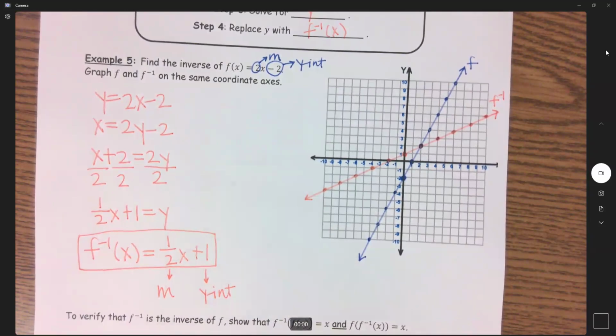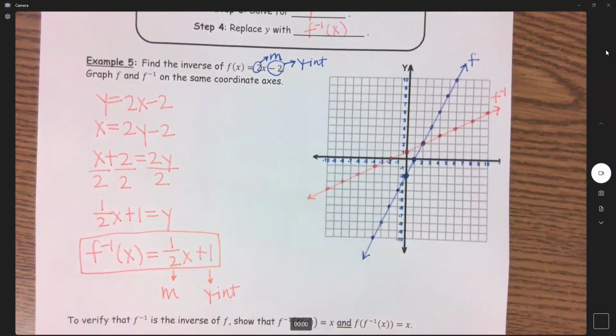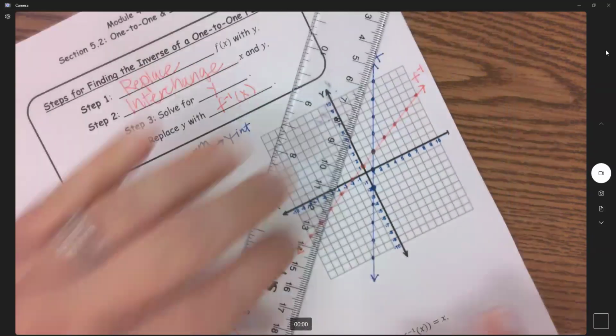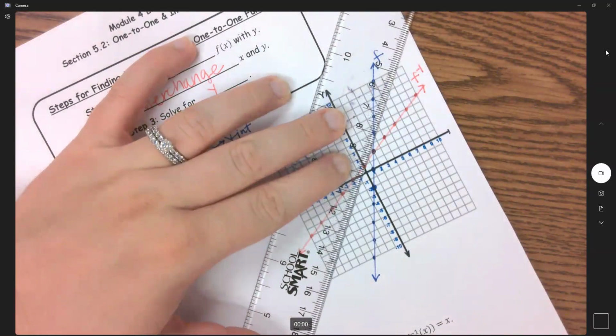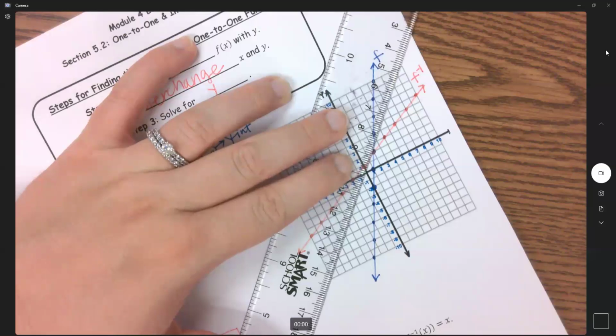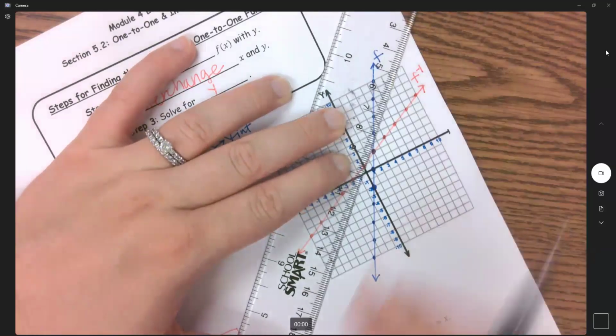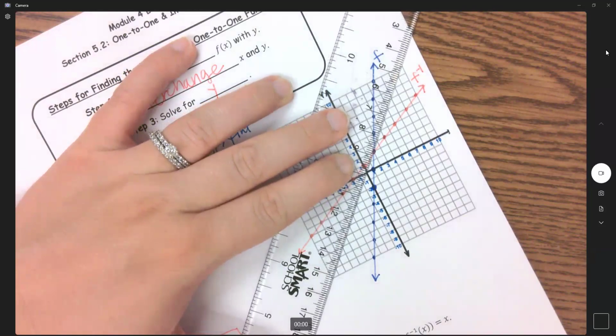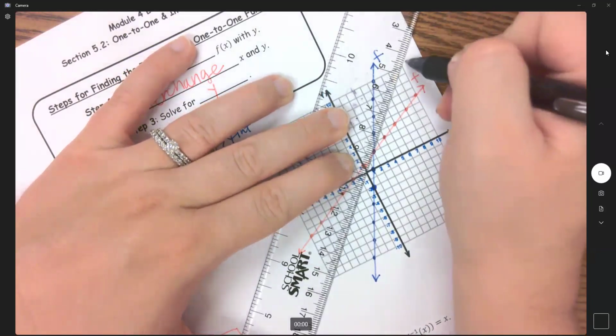Now it's kind of hard to see graphically that these are inverses of each other. So I'm actually going to take it one more step further and put in that line of symmetry, which we said on the previous video is y equals x. So I want to draw a line. I'm going to go ahead and do a dashed line because this is just for visual purposes. A dashed line through the origin from corner to corner.